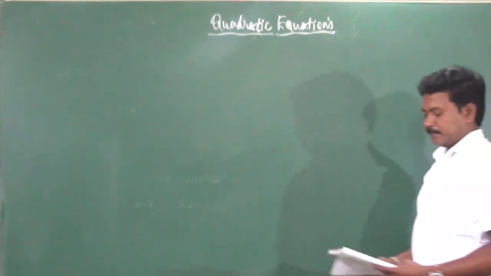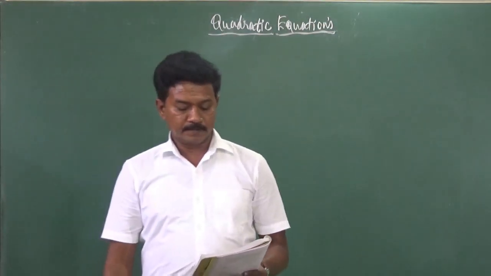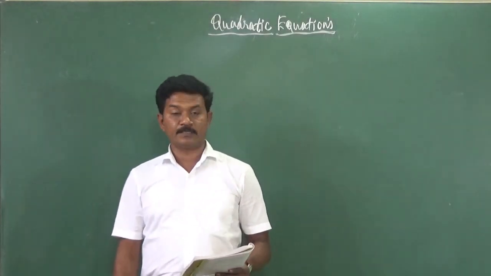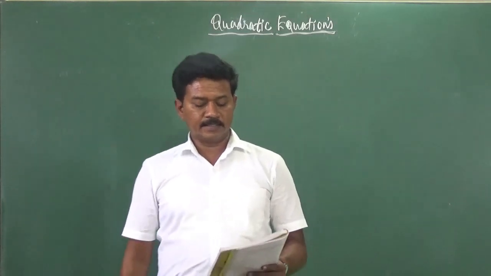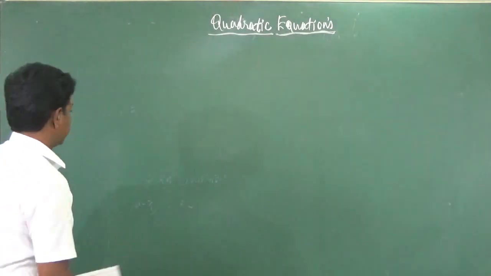Same exercise, exercise 10.2. Until the 4 problems are over, so I will be going with the 5th and 6th problems today. The altitude of a right triangle is 7 centimeters less than its base.